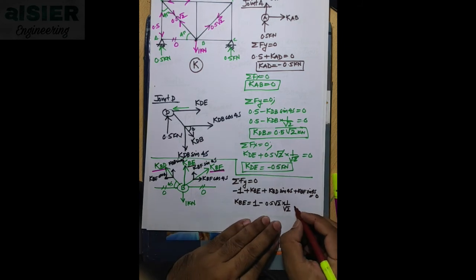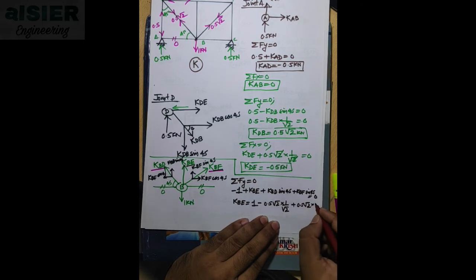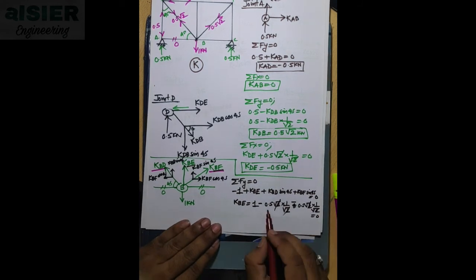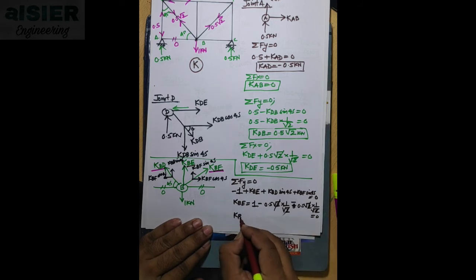Similarly, plus KBF is 0.5 root 2, okay, and sin 45 is 1 upon root 2 is equals to 0. So this root 2 will get cancelled. Okay, let me correct, this will be minus, right? So this root 2 will get cancelled, so we will get minus 1 minus 0.5 minus 0.5, that is KBE is equals to 0, right?